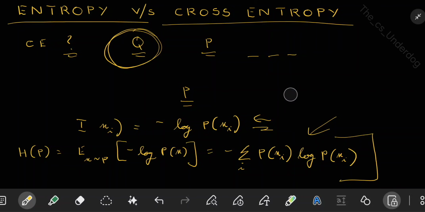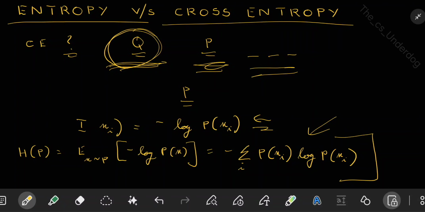But coming to cross entropy, coding is done for Q, which is a different distribution, but I am trying to approximate P using Q. Then if the code is prepared according to Q, then for encoding events in P, what is the average number of bits required? This is the concept of cross entropy.